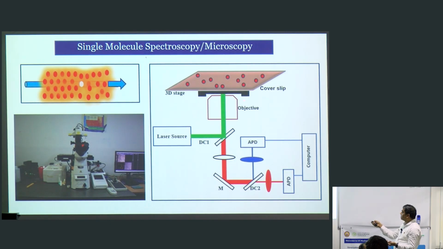Then you can move this stage, and whenever the stage comes to the central point where the light source is, you can excite a single molecule at this point and record the photons coming from the sample, which are captured in the detectors. It could be a single detector or multiple detectors, and finally you have the controller. With the computer connected to this controller you can collect all the photon counts from a single molecule, and then you can average them out.